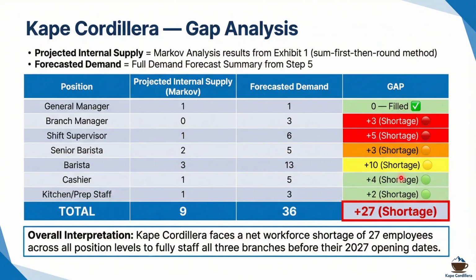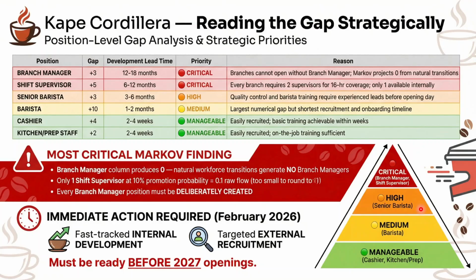And nakalagay dito per position, actually per position except the general manager na si Marisol, may shortage lahat. Okay? But as you can see, meron tayong mga color coding dyan that would lead us to this next slide. Okay?